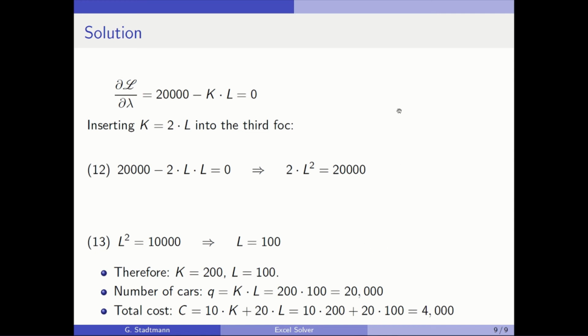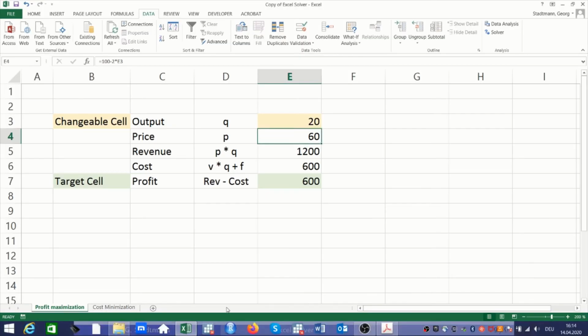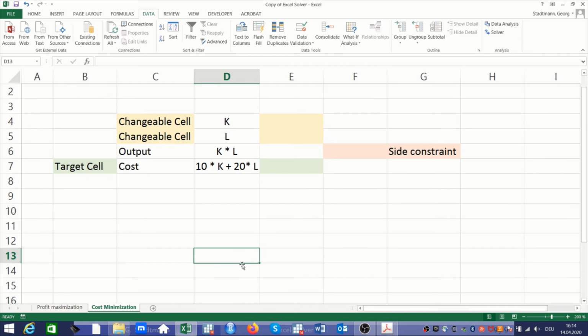Let's also try to replicate these results in Excel. First of all, we have to plug in some random numbers for the number of capital units and also some random numbers for the number of labor units. So I just plug in a 2 here and a 2 there.